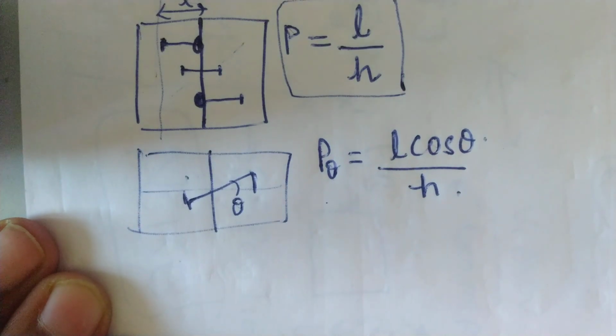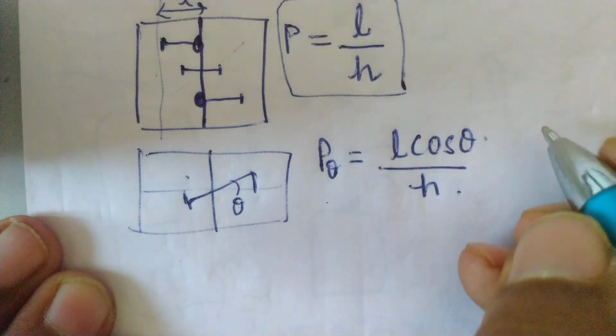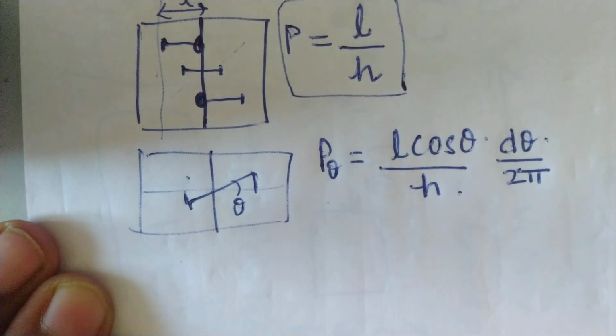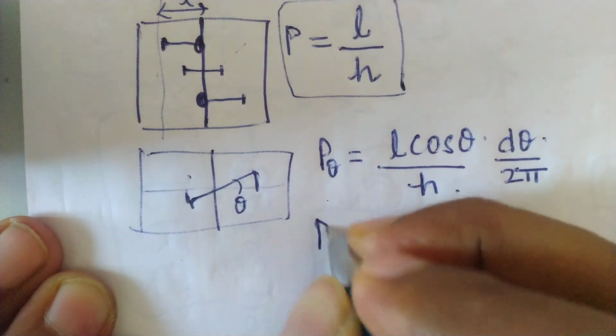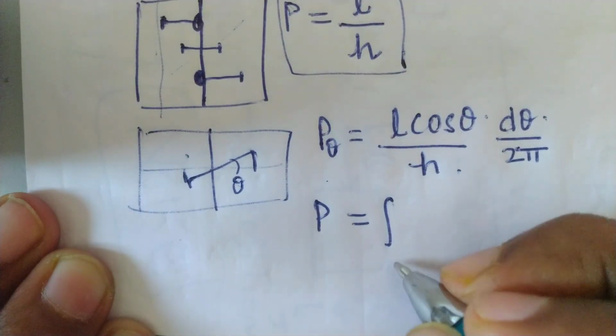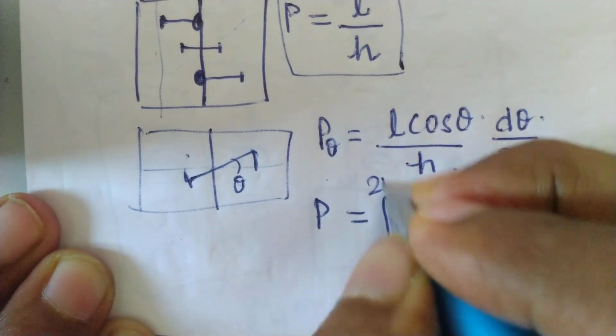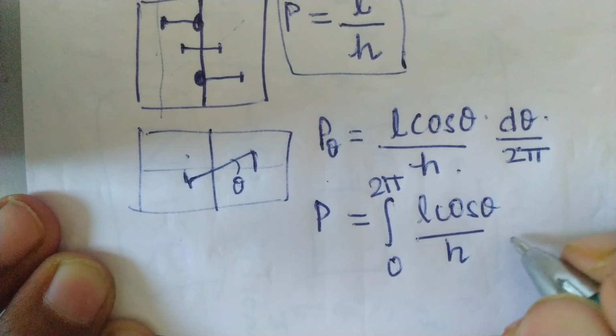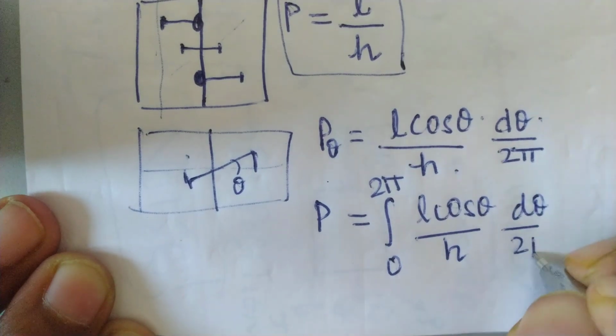And the probability of picking one theta is d theta by 2 pi. And if you want to find the total probability of falling on the interface, then you have to integrate this from 0 to 2 pi: L cos theta by h, d theta by 2 pi.